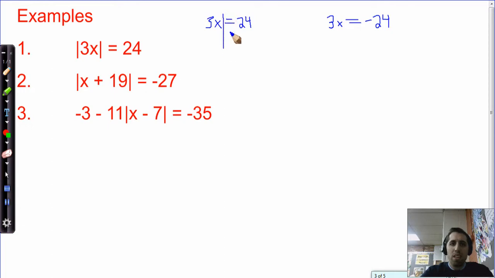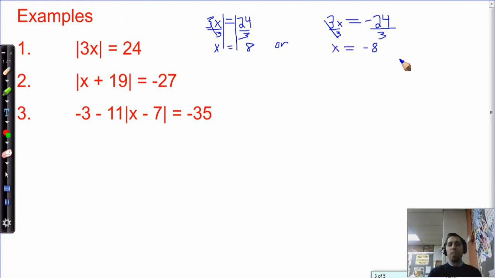So what we're going to do is just solve these two separately and say I'll divide both these by 3. And x could equal 8. Or I could divide both these by 3. And what value of x is going to give me a negative 24 on the inside? If x is equal to negative 8.